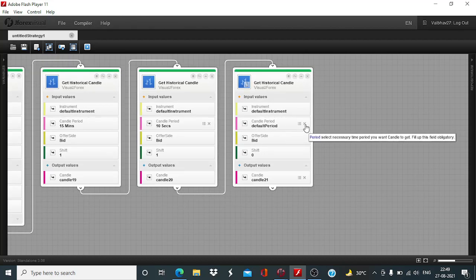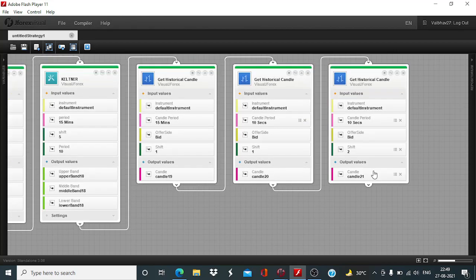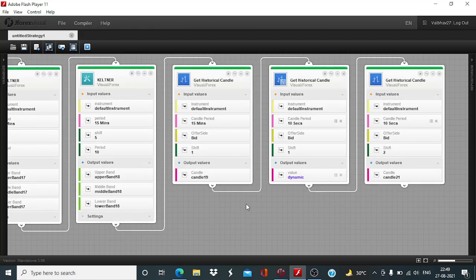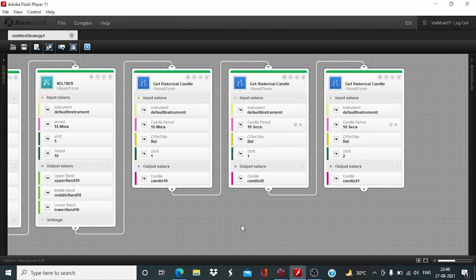So this will be changed to 10 seconds. The shift value will become 2. Okay. So with this, we have these basic building blocks ready for our algorithm.